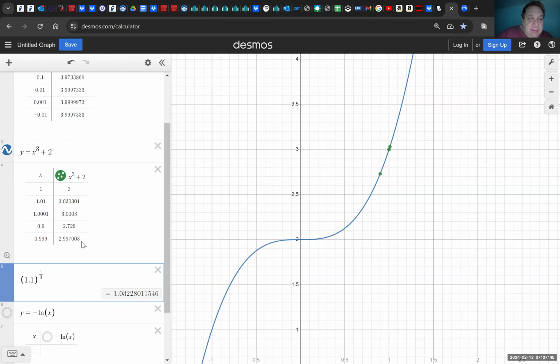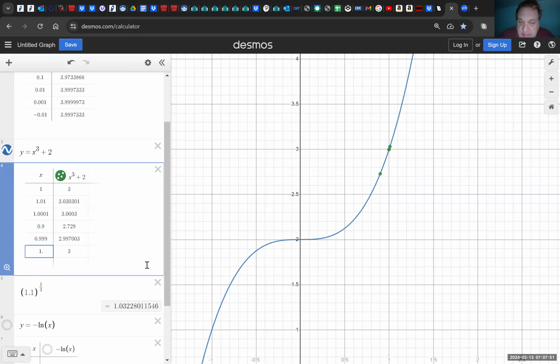So for example, I'll go over here and I'll put in 1.03228, as long as it's smaller than this number, right? So I'll just leave off some of these extra digits. You can see that this is closer than 0.1. 3.09 is closer than 3.10, right? So we're going to be able to do this.